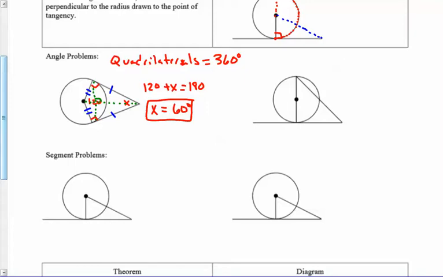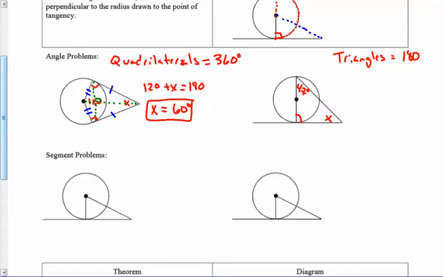So another thing you might see is, again, this diameter creates a perpendicular angle. So let's say this was 47 degrees, and I ask you for that. Well, in this case, we have a right triangle. Right triangles are worth 180 degrees.